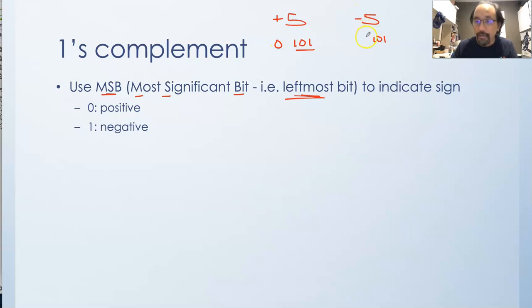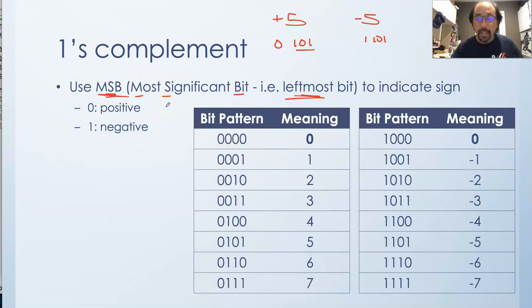But for the negative, I'm going to put a 1. So that's the idea of using the MSB. So that leads us to this table. I could represent my positive numbers here, and my negative numbers here, all from 0 through negative 7.